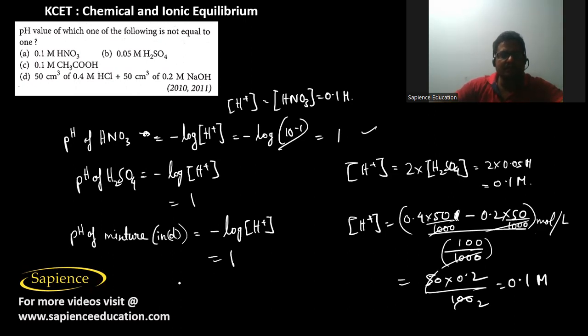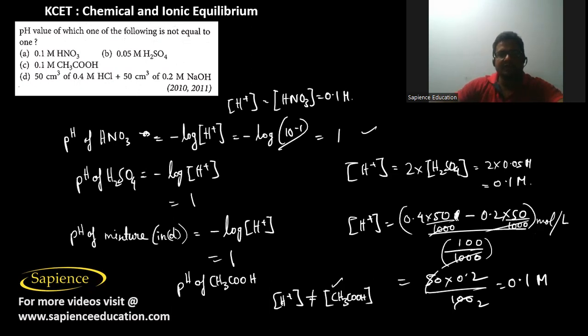And in case of part C, the pH value of CH3COOH will not be 1. Since why? Here the concentration of H plus ion is not equal to the concentration of CH3COOH, since CH3COOH is not a strong acid, it is a weak acid.